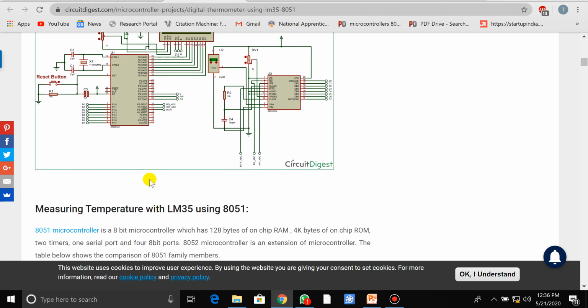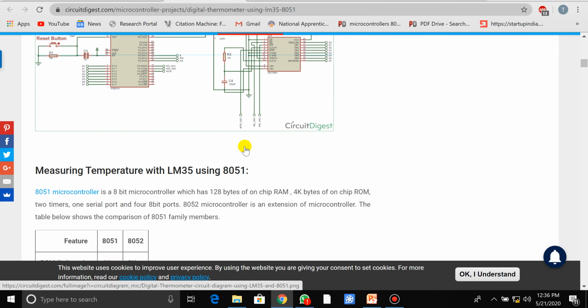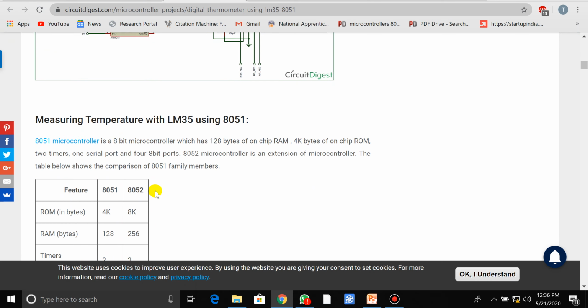This is the software implementation of the microcontroller, LCD display, temperature sensor, ADC. This is how the interconnections of each pin will happen. This is the reset pin, and here is how the temperature measurement is going to take place. It is an 8-bit microcontroller, which has 128 bytes of RAM.